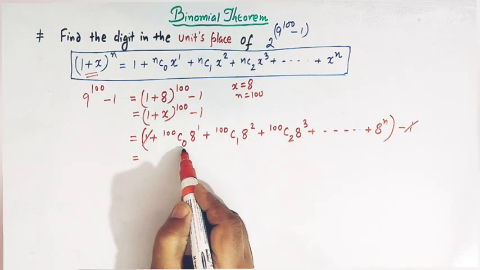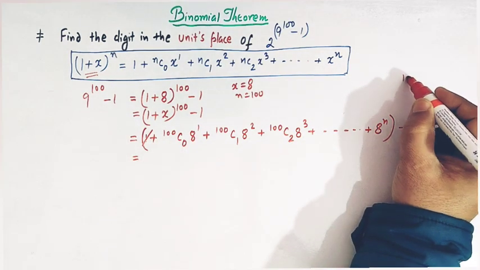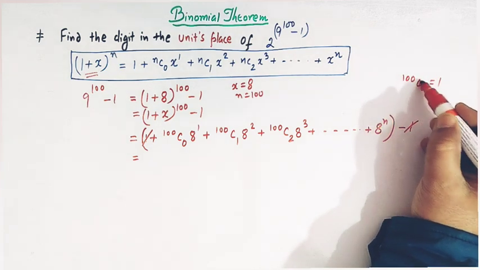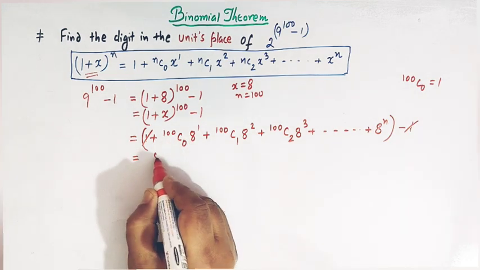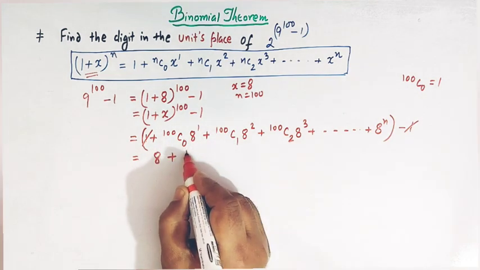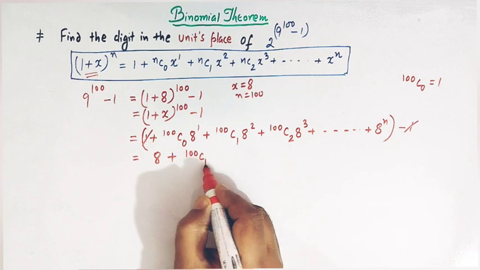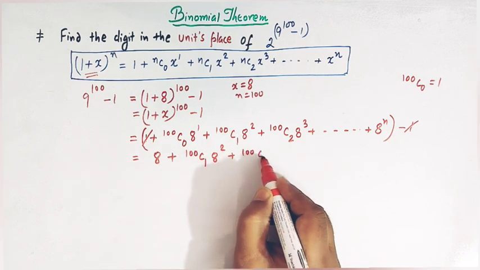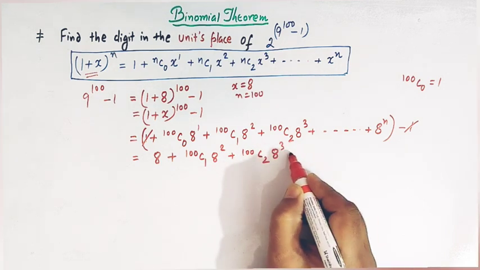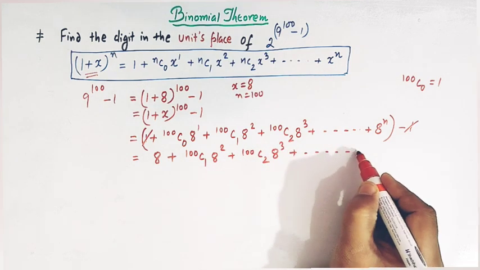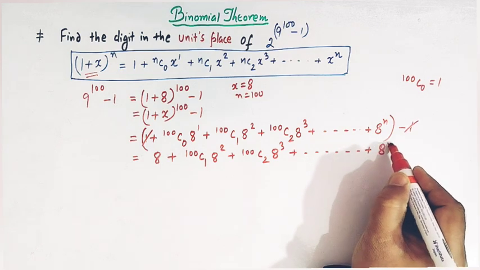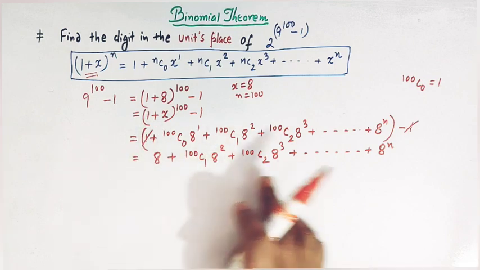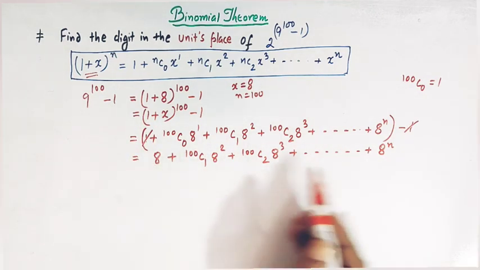So 100C0 is simply equal to 1, so here we have simply 8, then 100C1 8^2, then 100C2 8^3, and so on, up to 8^n. Now we see that in all of these terms we can take 8 common.